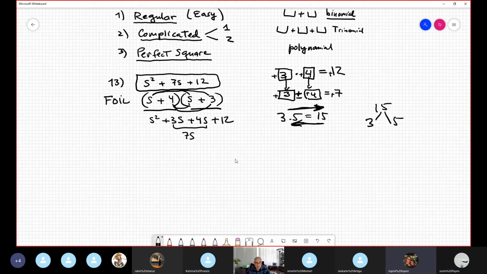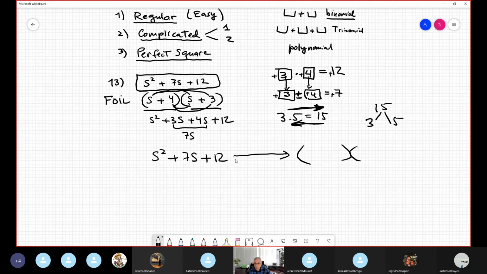In the algebra expression, the thing we are doing now, taking the original trinomial in that direction, we found that it is equivalent to these two binomials, because actually the operation between them is multiplication.